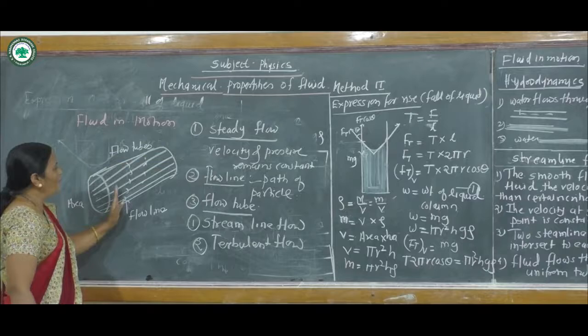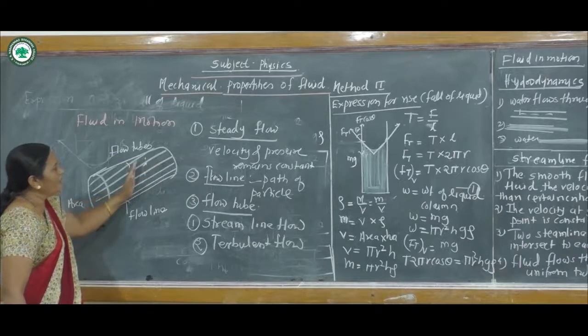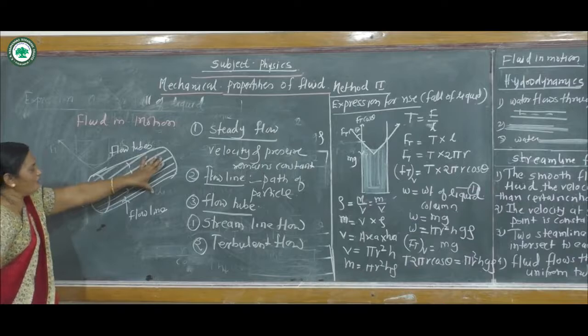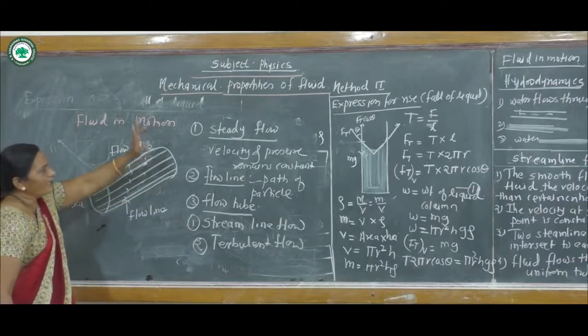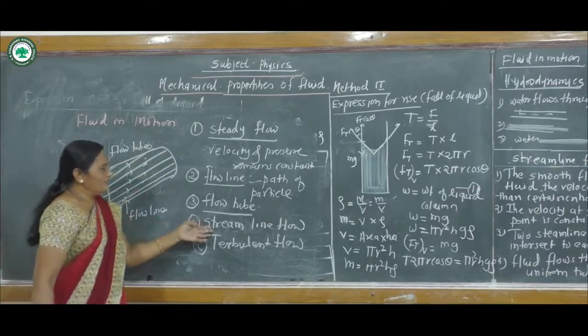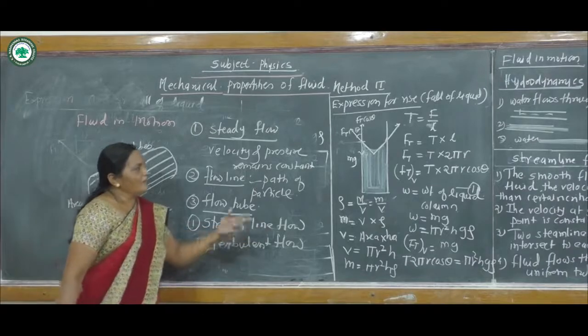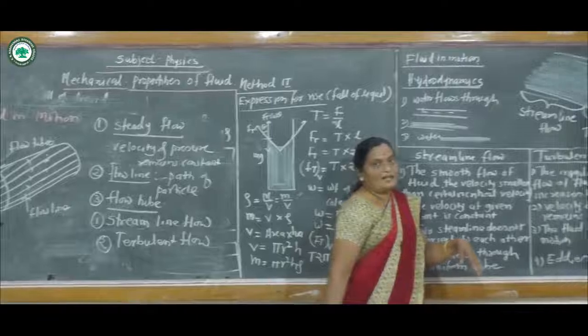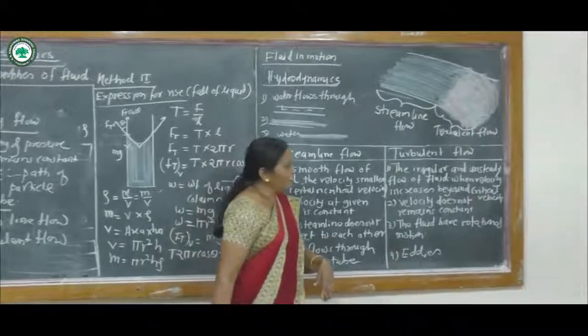Flow line: the path of a particle in liquid flow. What is the flow tube? It is the imaginary bundle of flow lines. There are two types of flow, streamline flow and turbulent flow. Then we see the characteristics of streamline flow and turbulent flow.